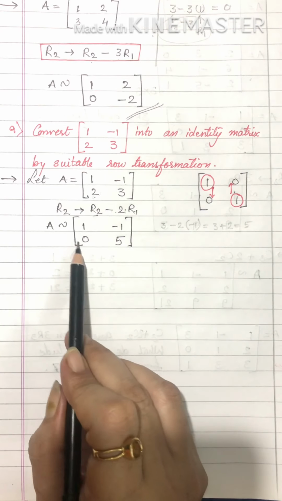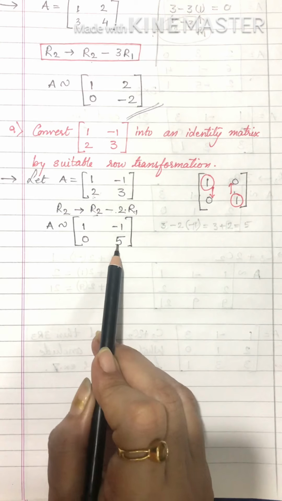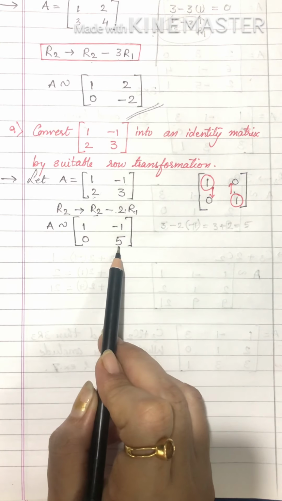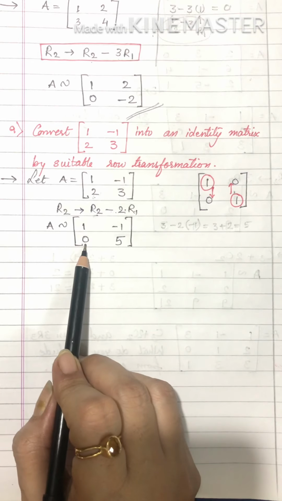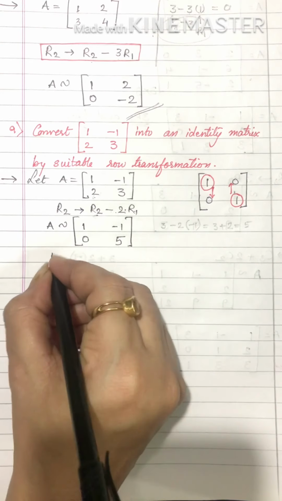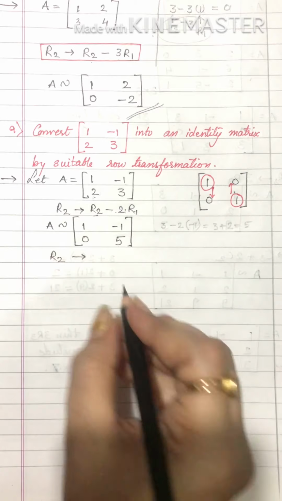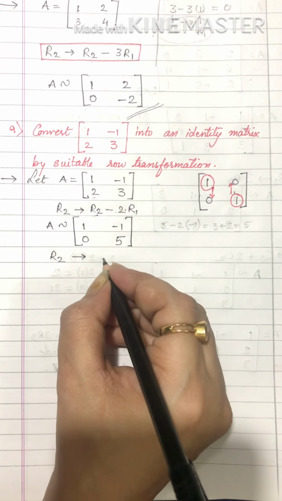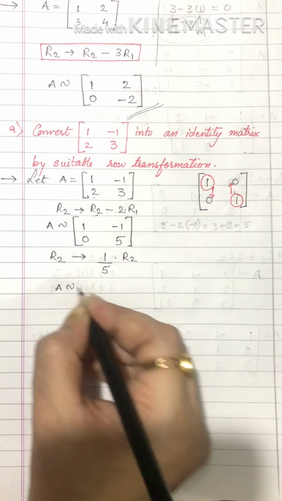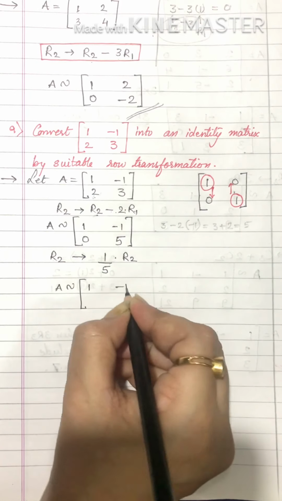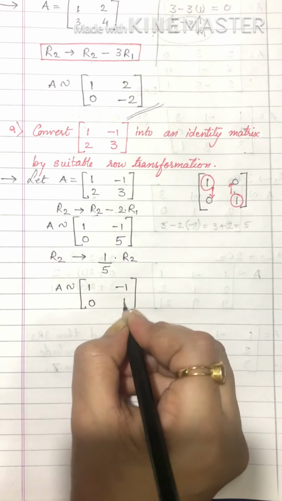But then this value will change. So if I divide this by 5, I'll get 1 here, and if I divide this by 5, it will not change, it will give you 0 itself. So in R2, the next transformation is R2 becomes 1 upon 5 into R2. So I'm getting 0, 1.